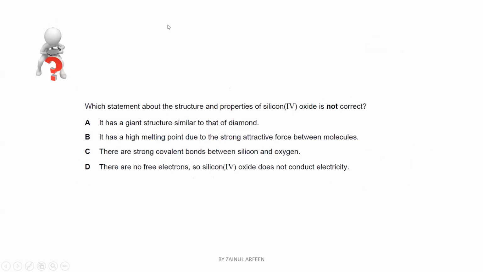Another question. Which statement about the structure and property of silicon dioxide is not correct? Not correct. A, B, C, or D?